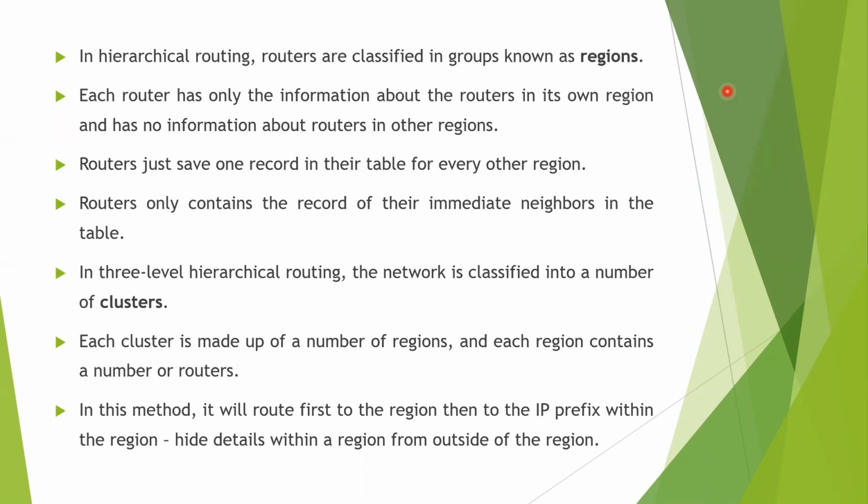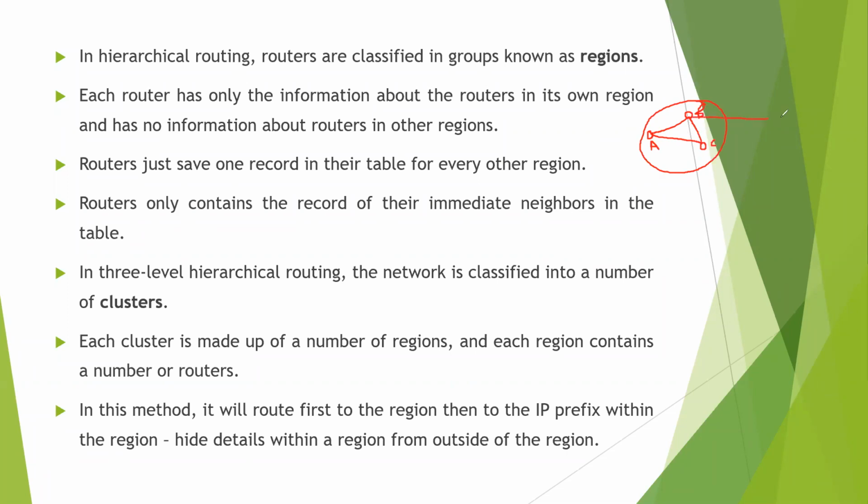Say there are 3 routers, and these 3 routers fall in one region. I call them router A, router B, and router C, connected like this. Now router A will contain only information regarding B and C, its neighbors.